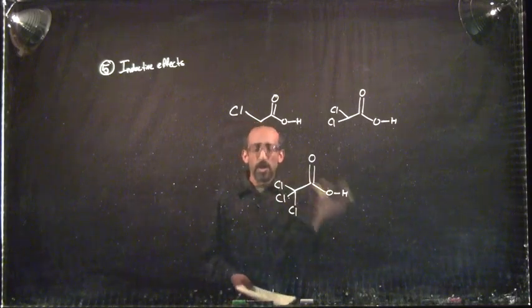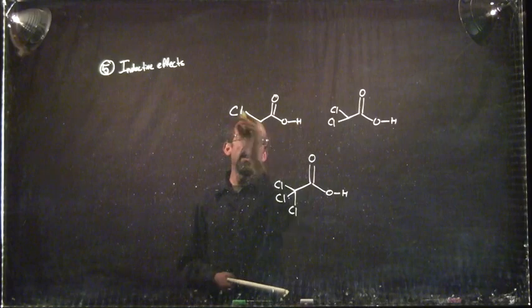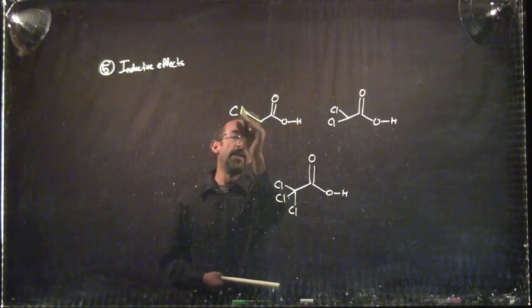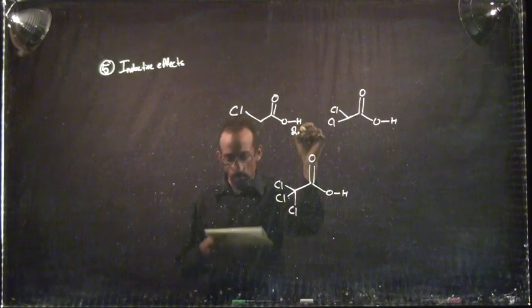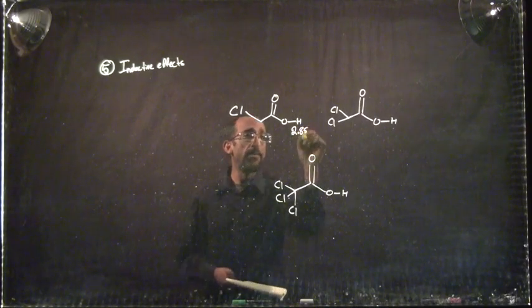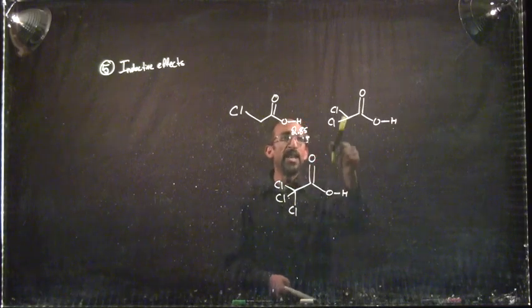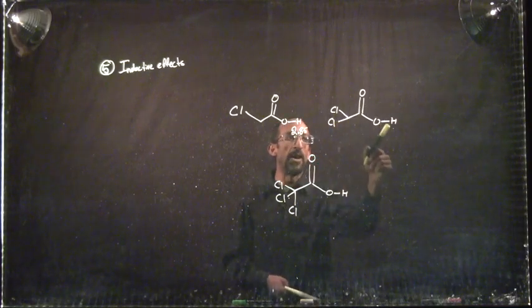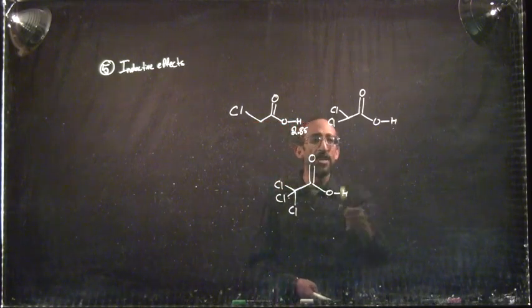So, if you recall from what we were just looking at a moment ago, the pKa here, if I have 1 chlorine atom 4 bonds away from my acidic hydrogen, my pKa is about 2.85. But now when I add that second chlorine atom, now I have two groups that are 4 bonds away, pulling electron density out of this oxygen-hydrogen bond.